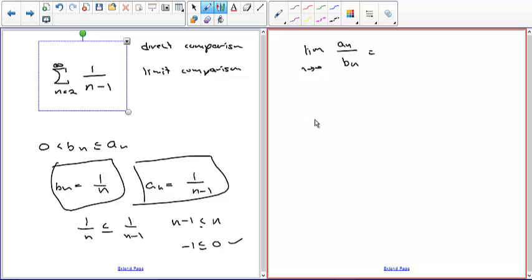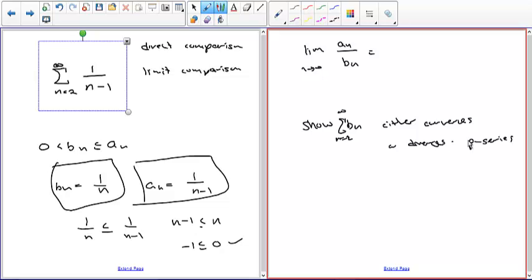And then we've already shown this to be true. Then you have to show b sub n, actually the series b sub n from n equals 2 to infinity, either converges or diverges. We already told you what it was, but it's a p-series.